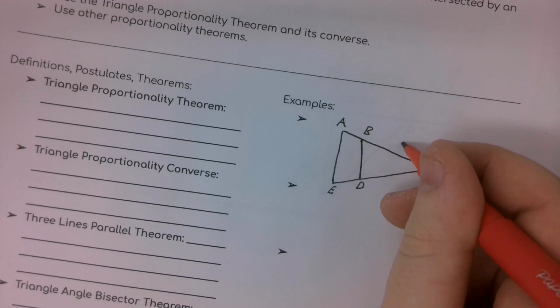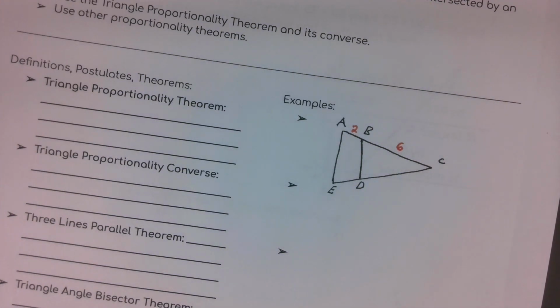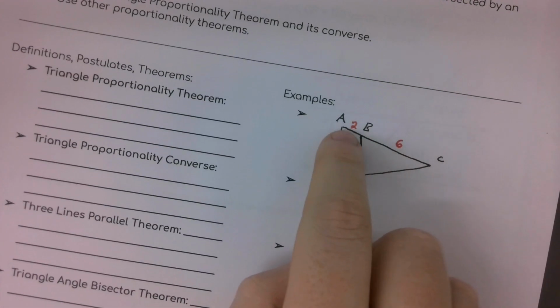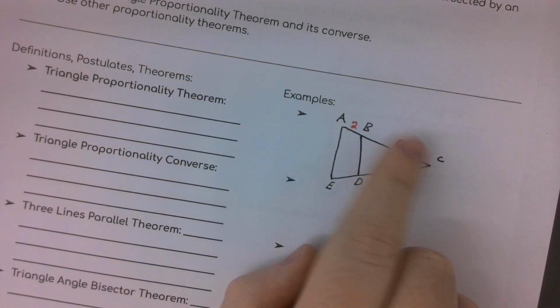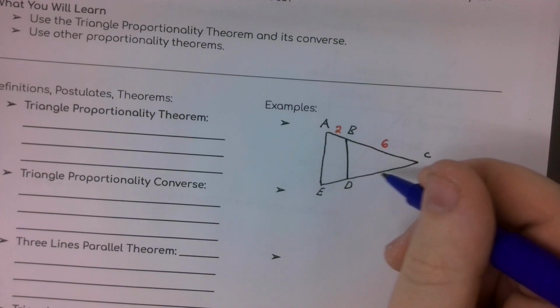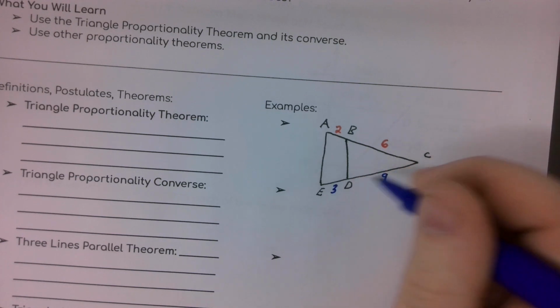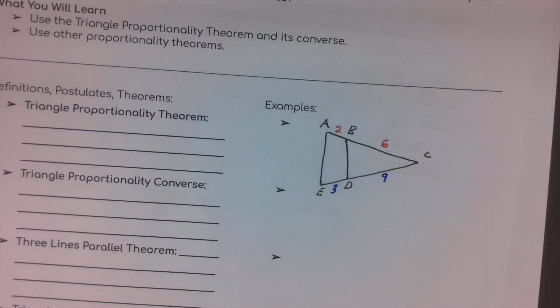Let's say BC is 6 and AB is 2. We could compare these two. We could make a proportion that says BC over AB is 6 divided by 2. Now let's say the bottom side is 9 and 3. We might start to see what's going on here.